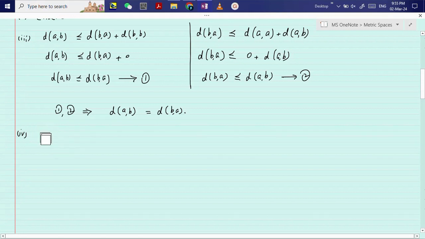If we start from here, you can see for all A, B, C belongs to X, d of AB is less than or equal to d of CA plus d of CB.